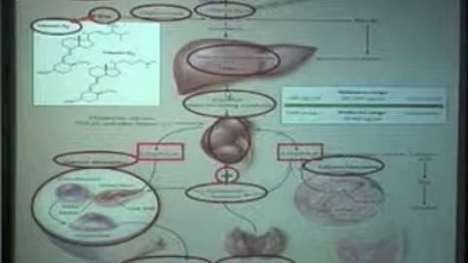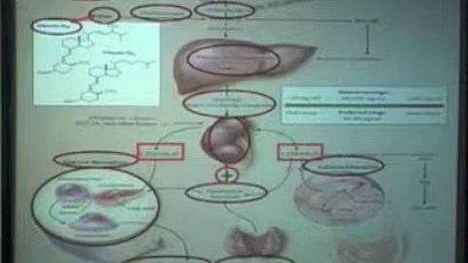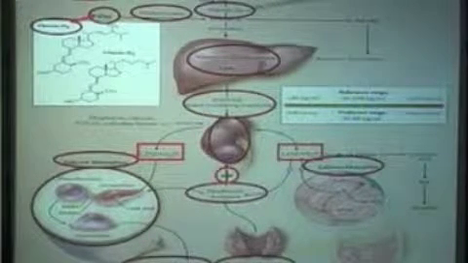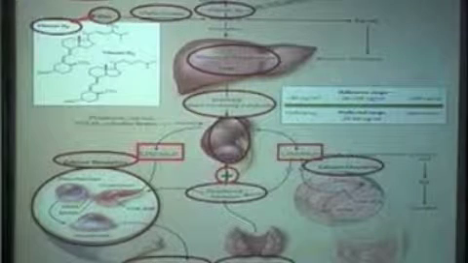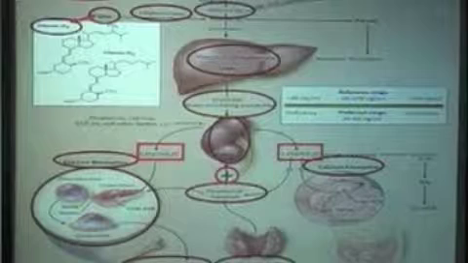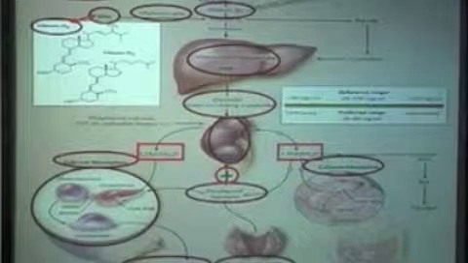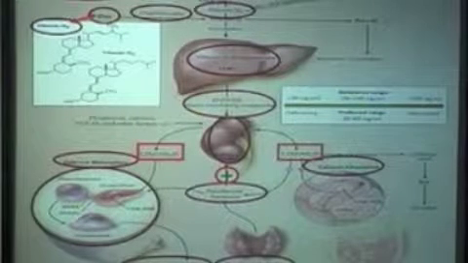Now, before I go on to the next step, something that I need you to understand. The function of vitamin D in its active form is reabsorption of both calcium and phosphate. From where? From the intestine.